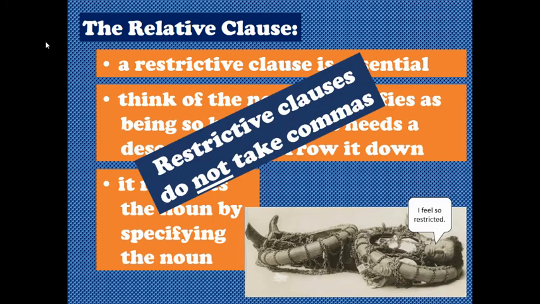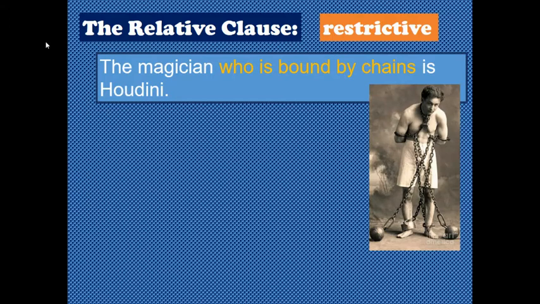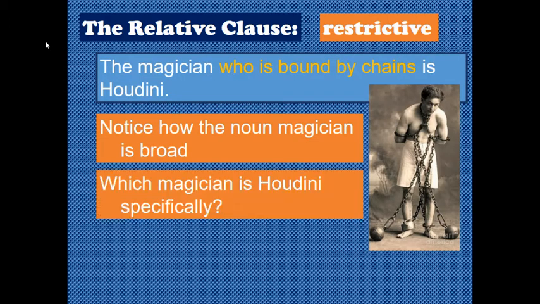All right. I want you to note that these guys do not take commas. They're not going to take any commas. I'll show you what I mean. I said, the magician who was bound by the chains is Houdini. Well, notice how the noun magician is very broad. There are lots of magicians in the world. So therefore, the question is, which magician is Houdini specifically?